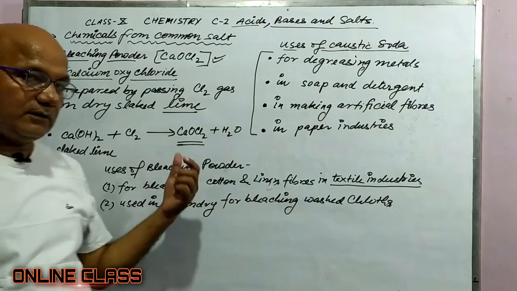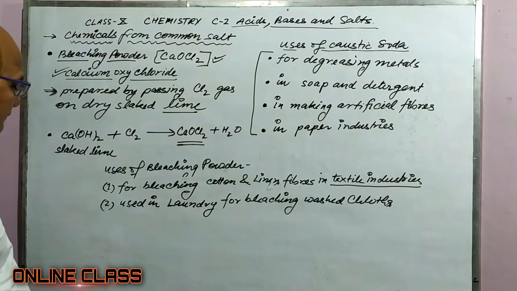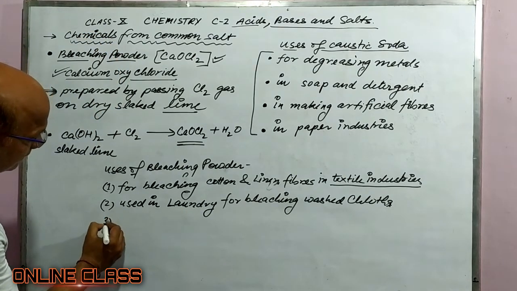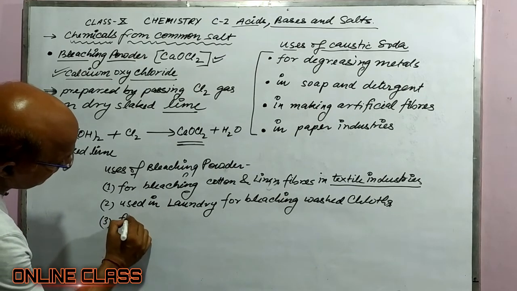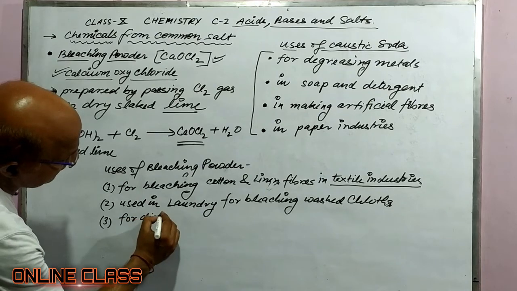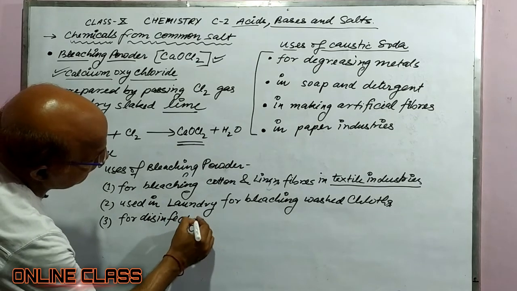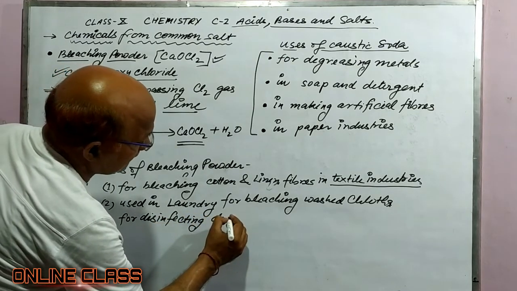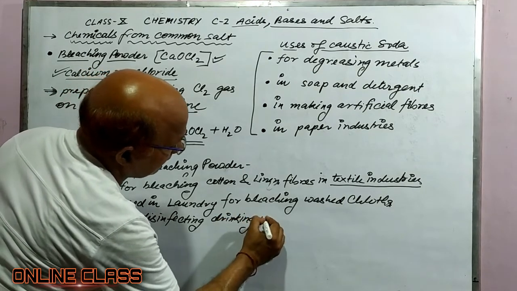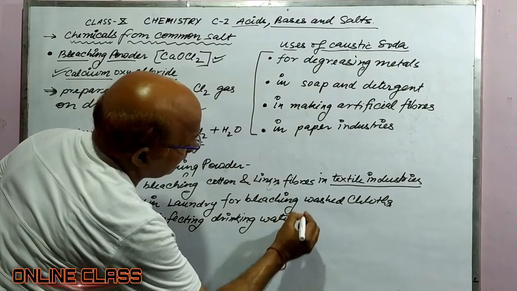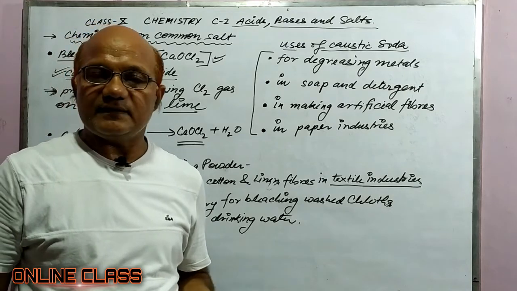So, it is widely used in laundry also for bleaching purpose, and it is also used for disinfecting drinking water, means bleaching powder kills germs present in drinking water.